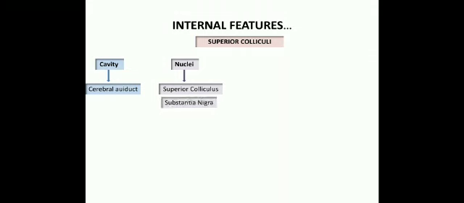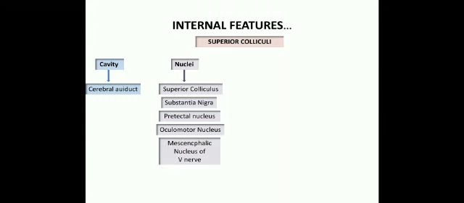At the level of the superior colliculi, again the cavity is the cerebral aqueduct. The nuclei include the superior colliculus, substantia nigra, pretectal nucleus, oculomotor nucleus, mesencephalic nucleus of the trigeminal nerve, the Edinger-Westphal nucleus and the red nucleus.